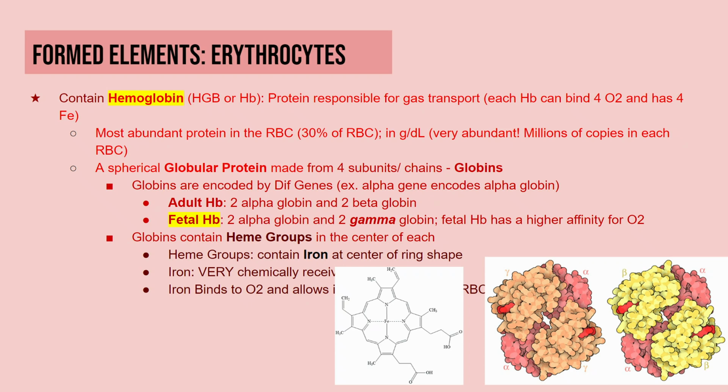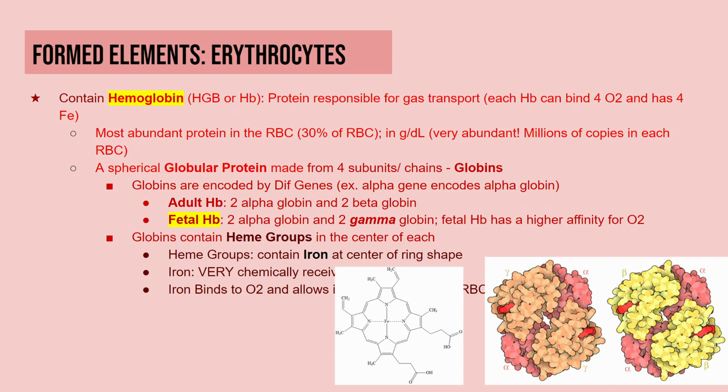So that's why each hemoglobin can transport 4 molecules of oxygen. Hemoglobin is also the most abundant protein in the red blood cell. And hemoglobin itself is a spherical globular protein made of 4 subunits, or globins.